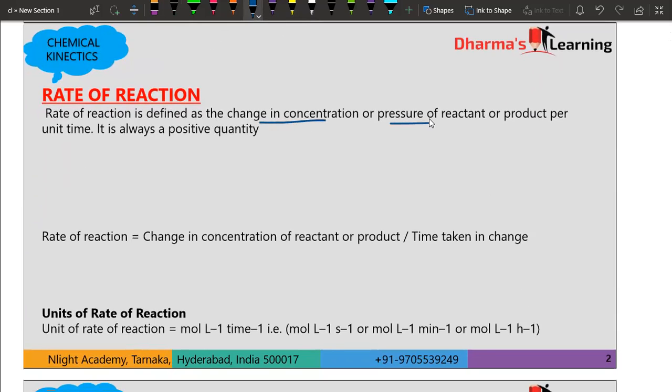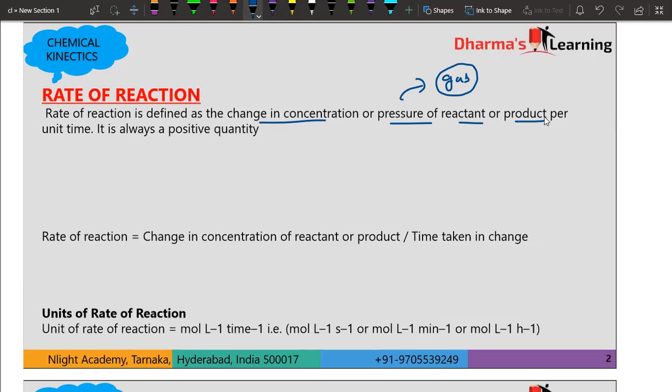Pressure is generally related to gaseous reactants. So when the reactants or products are in the gaseous form, we can define the rate in terms of pressure. So the change in concentration or change in pressure of a reactant or a product per unit time is considered the rate of reaction.